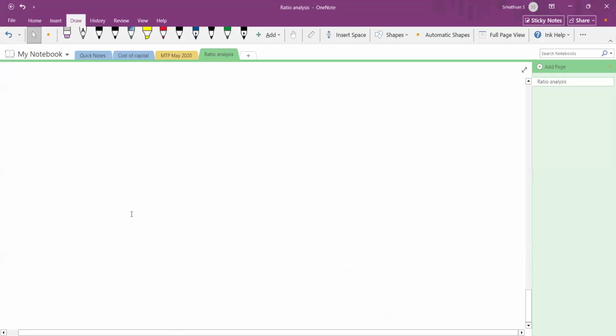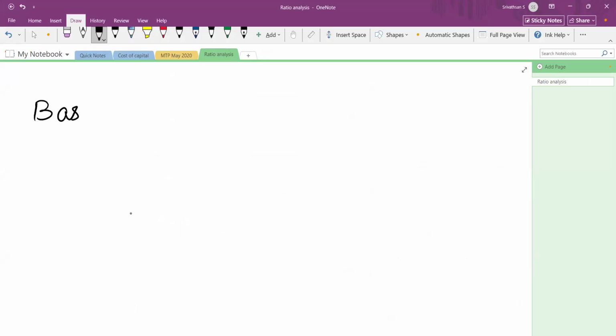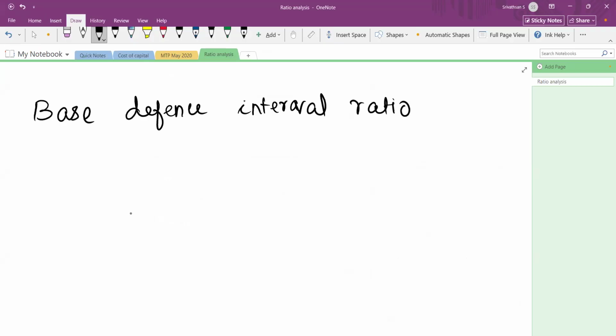Quick assets. Base defense interval ratio. See, listen, first understand why we are calculating this ratio. Base defense interval ratio tells us with the available amount of quick assets for how many days you can meet your daily operating expenses.